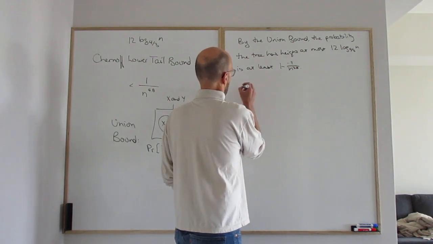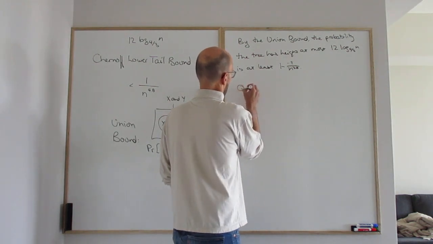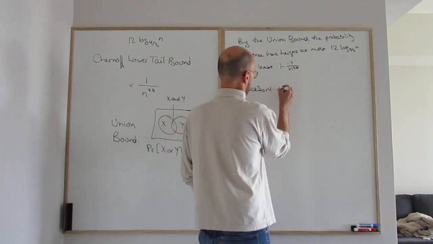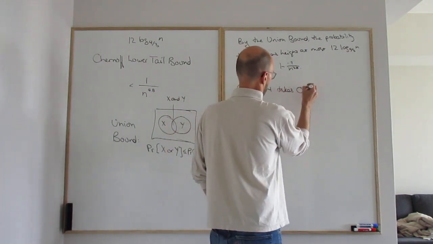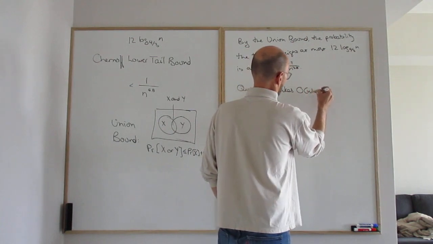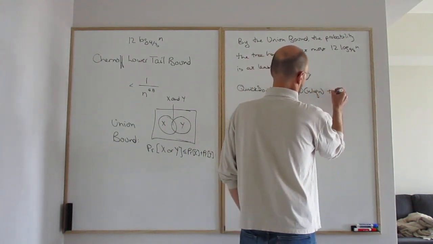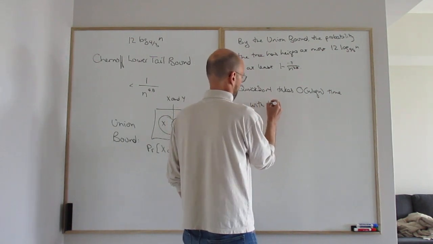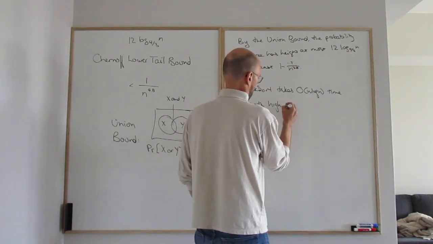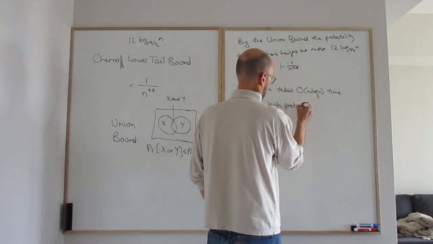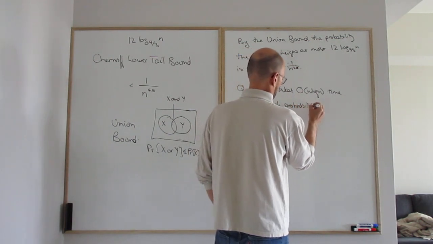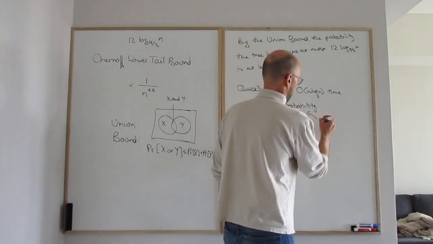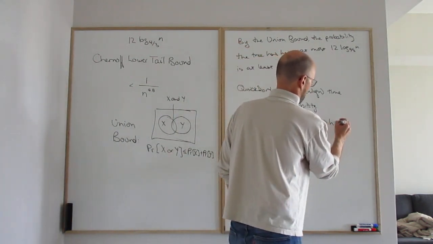We say quicksort takes O(n log n) time with high probability. And then people write this as WHP.